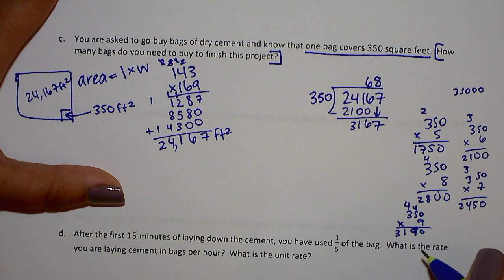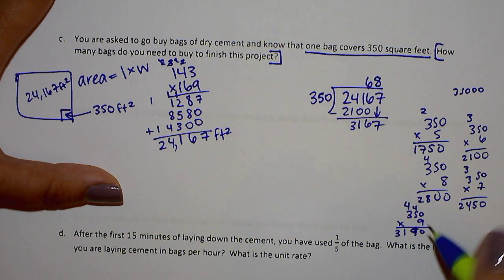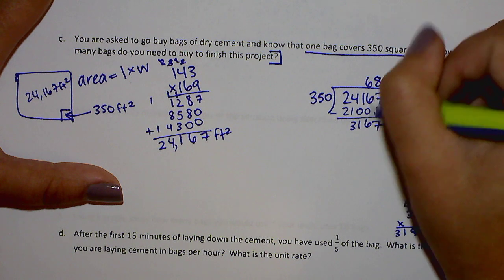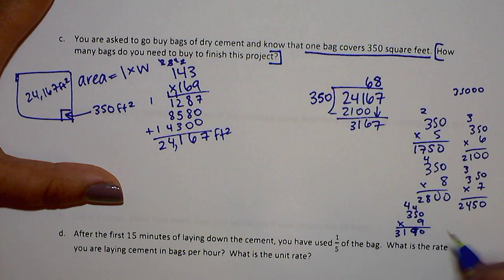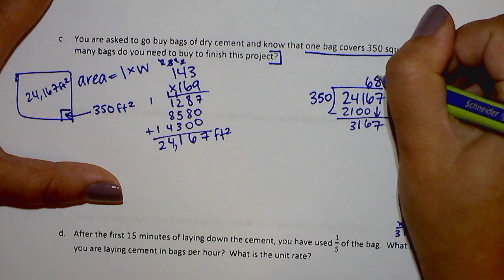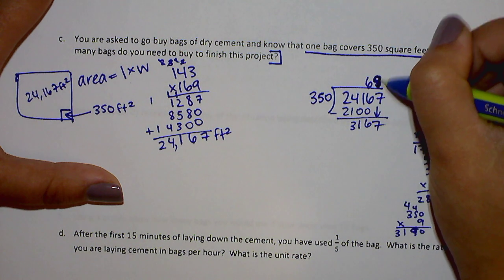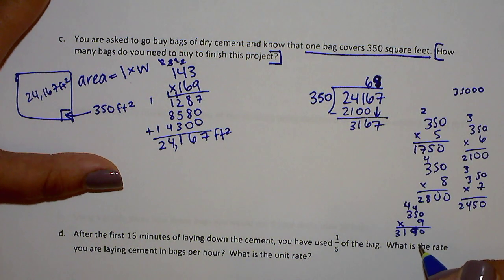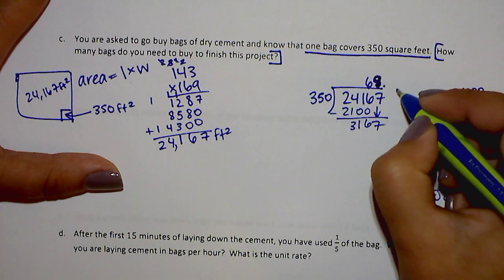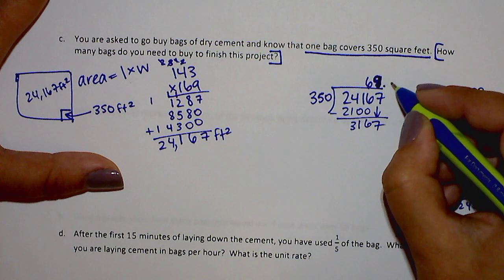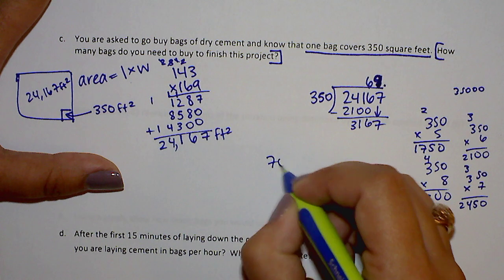I might be doing this wrong. So we get 3167. There we go. 69 rounds up to 70. Sorry, that should be 9. Because if I need 69 point something bags, then I need 70 bags.